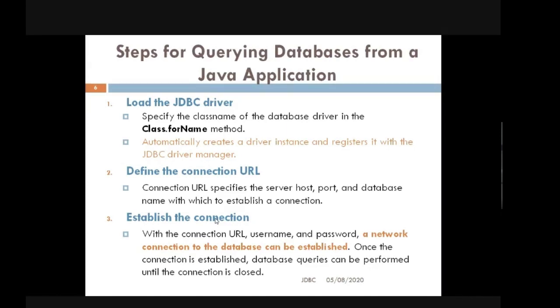It is not that your database will be available only in your own system. It will be available in different machines. So if it is so, then you have to get connected to the database. That's why you have to specify the IP address of the server. If it is available in the same system, then you can have it as localhost.